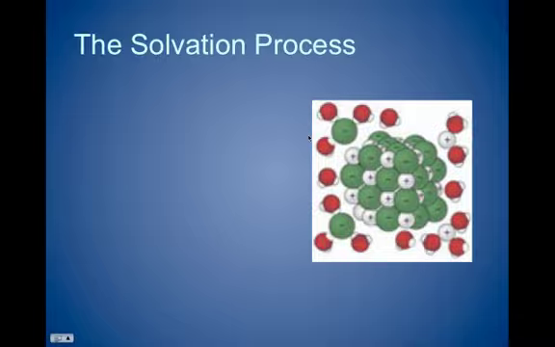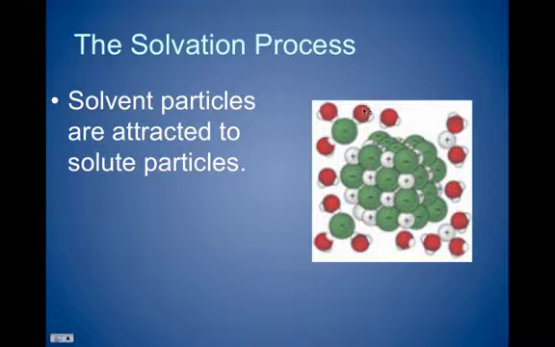Notice what happens here. The solvent particle, being the water, is attracted to certain solute particles. The positive part of the water, the hydrogen end, is orienting itself towards the chlorine. The negative oxygen, because that's where the more electronegativity is, is attracted to the positive sodium, and they're kind of like plucking them off.